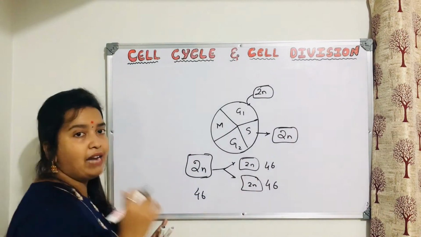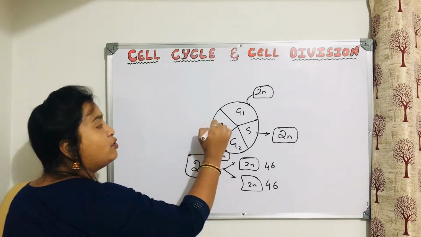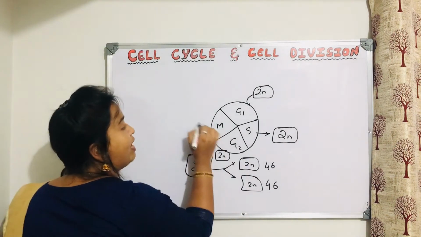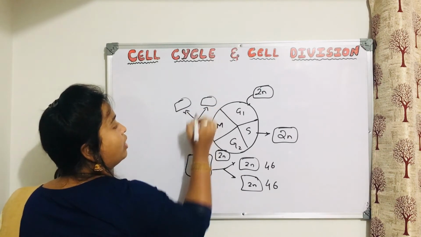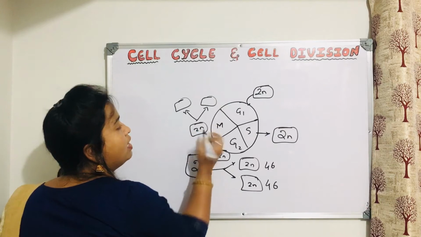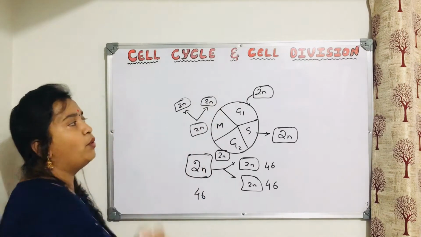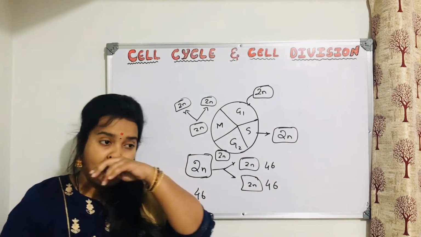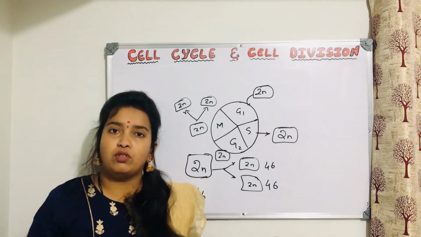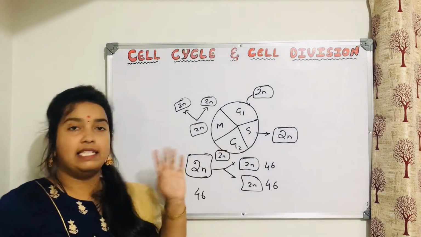When it crosses G2, here also it is 2N. When it comes to M phase, it divides into two cells, and they will have 2N and 2N. So there is no doubling of chromosomes anywhere in the cell cycle.